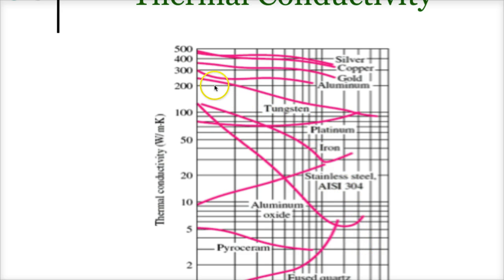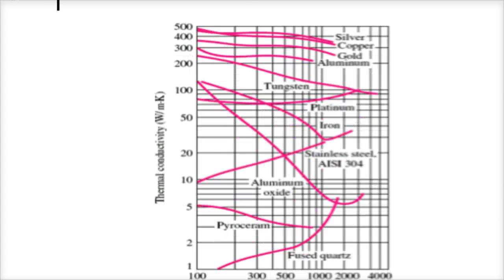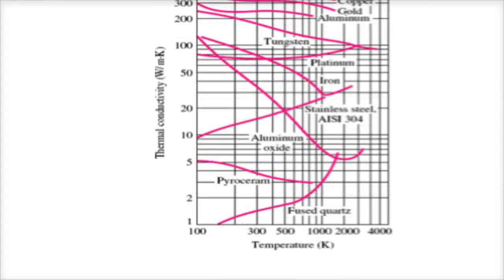Tungsten decreases over temperature. Stainless steel increases over temperature, while aluminum oxide decreases over temperature, but over 2000 Kelvin it increased slightly. So just follow the graph if they give you a graph.